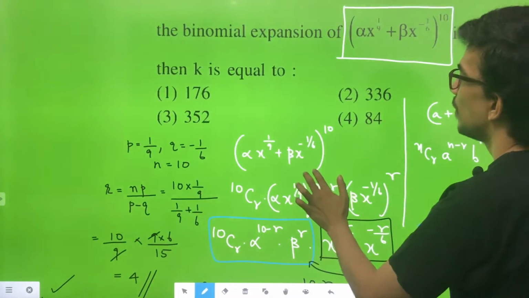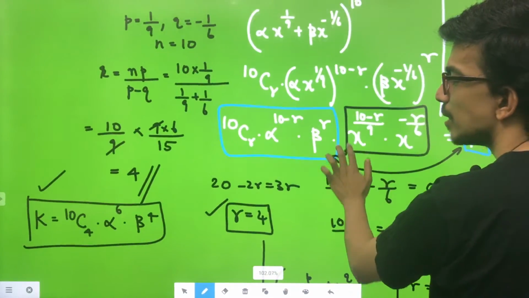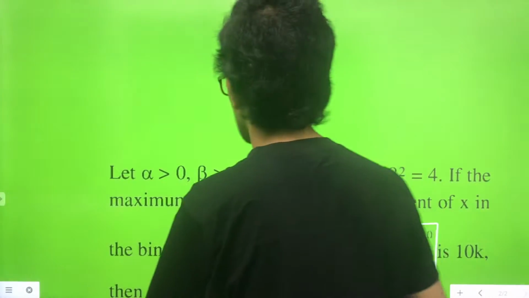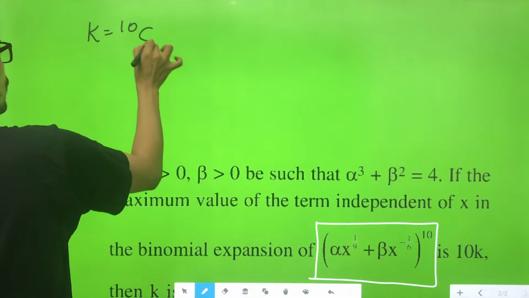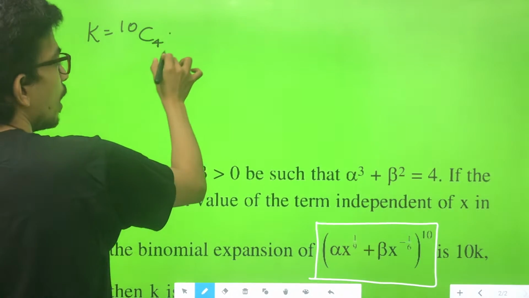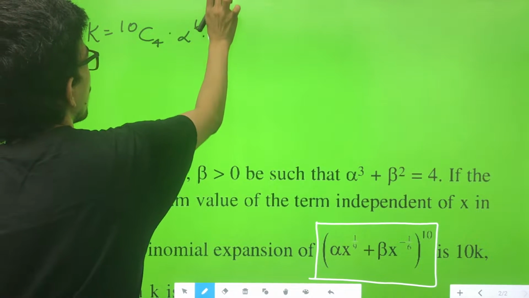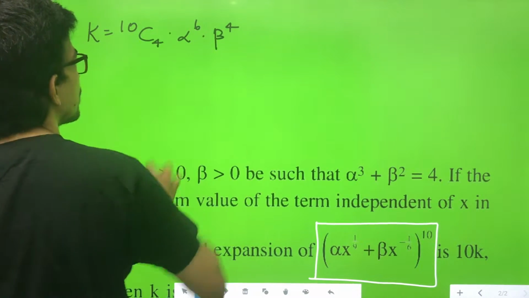Okay, alpha cube. So let's see that expression again. We have got our k as 10c4 into alpha power 6 into beta power 4.